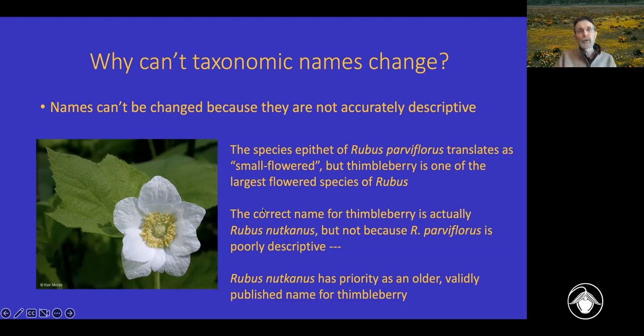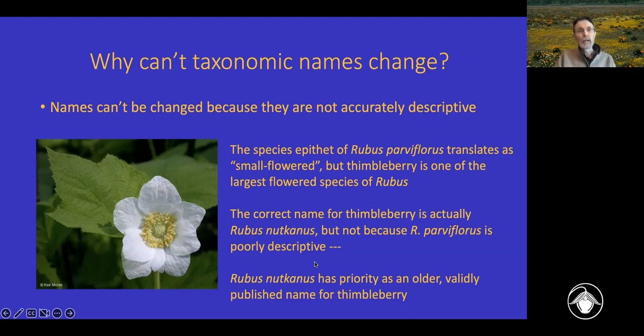As it turns out, you might have heard that the correct name for thimbleberry is actually Rubus nutkanus. And that's not because parviflorus is poorly descriptive, it's because Rubus nutkanus was recently realized to be an older name that has priority over Rubus parviflorus.